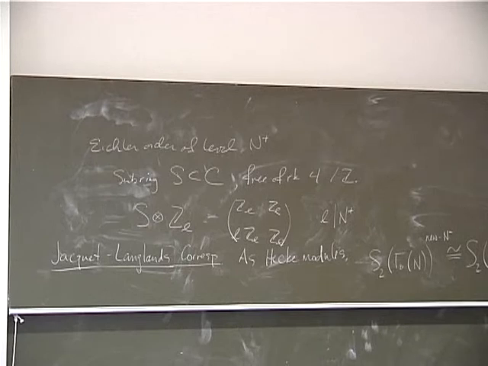You shouldn't think of this isomorphism as being canonical. It's not normalized. What it really is is a statement saying the same systems of Hecke eigenvalues occur in this module as in this module.